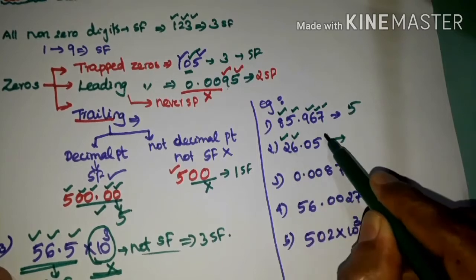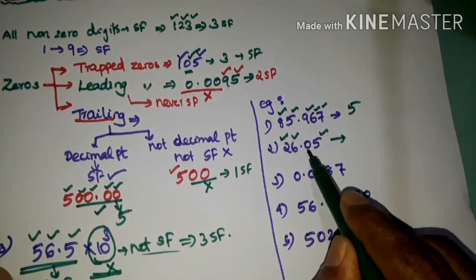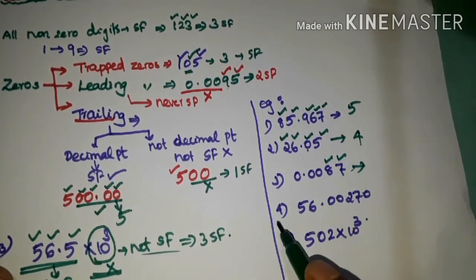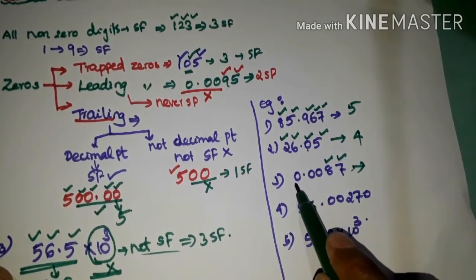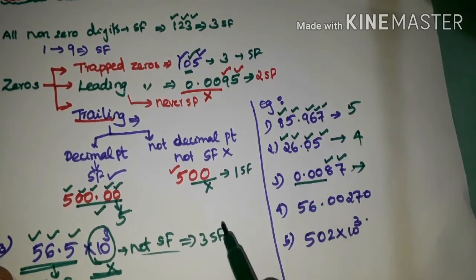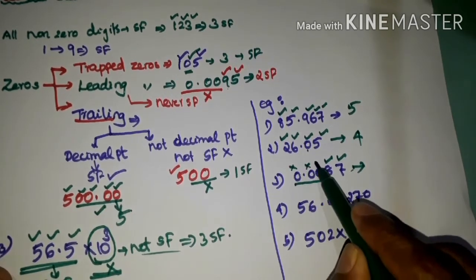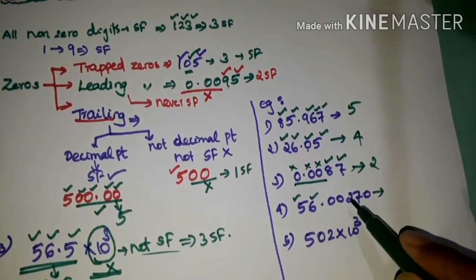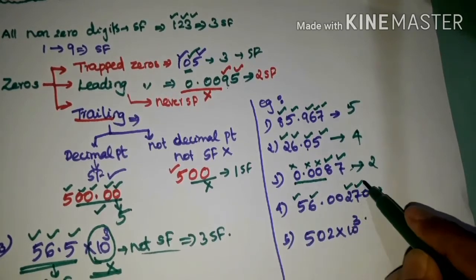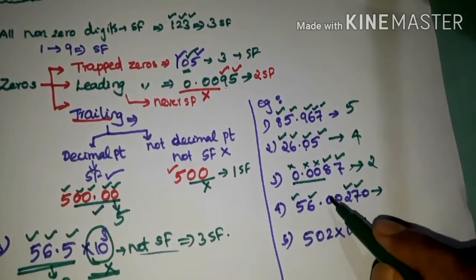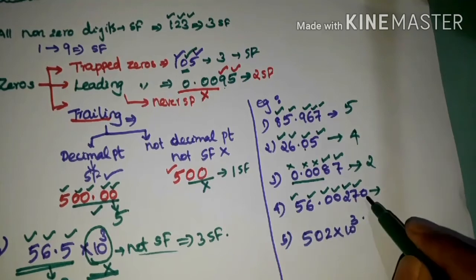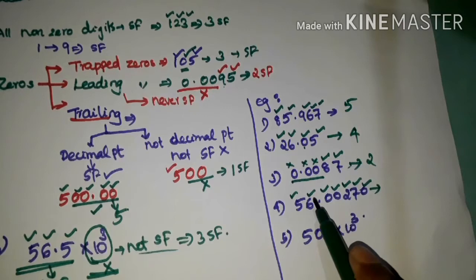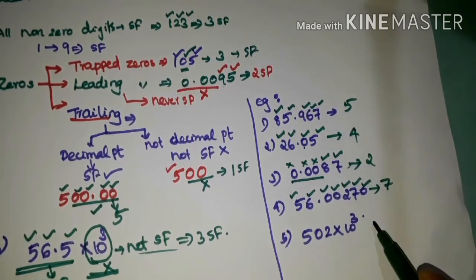In the next, 2, 6, 5 are significant, and the trapped zero too, therefore 4 significant figures. Next, 8, 7 are significant. These zeros are leading zeros, therefore not significant. Total 2 significant figures. Next, 5, 6, 2, 7, 2 and 7, and this trapped zero is significant. But this trailing zero contains a decimal point, therefore it is significant, so the total is 7.